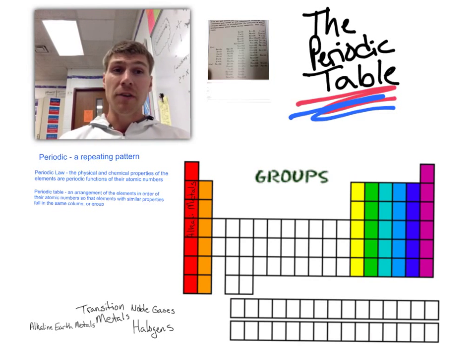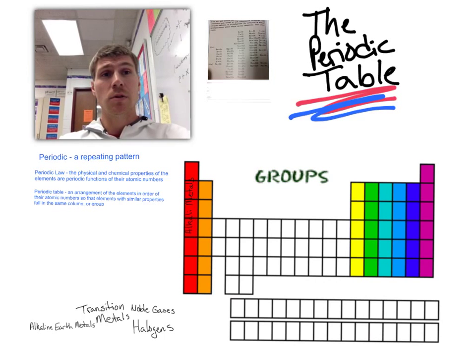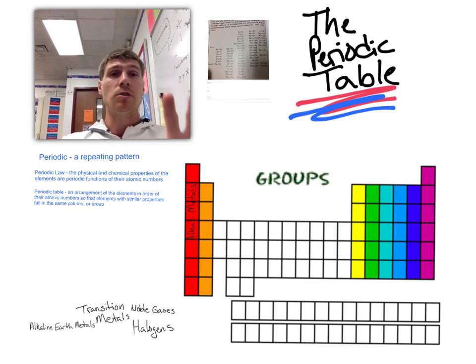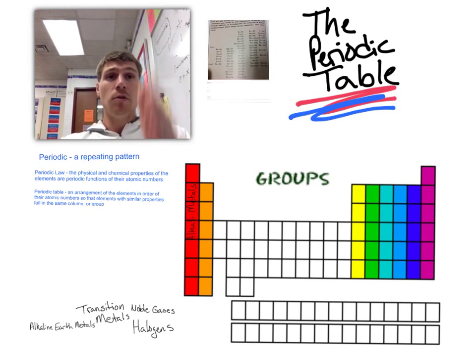They all react vigorously with water. They're the most reactive metals. That's just one of those properties. Now we're going to spend more time later looking at all of these properties, but for now I just want you to know that everything in the same group, everything in the same column, has the same properties.